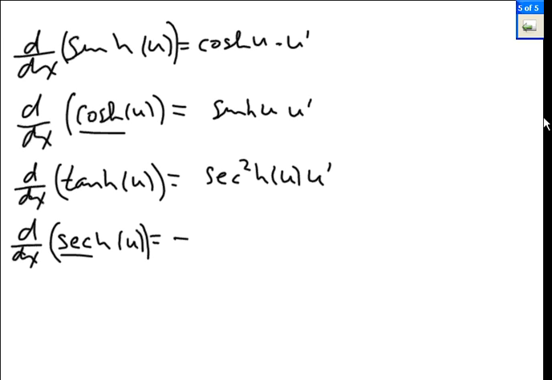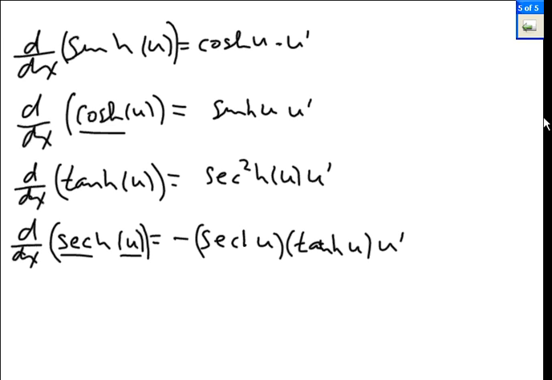Now, if you just think secant of u, the derivative of secant of u is secant of u times the tangent of u times u prime. I meant to say du dx.